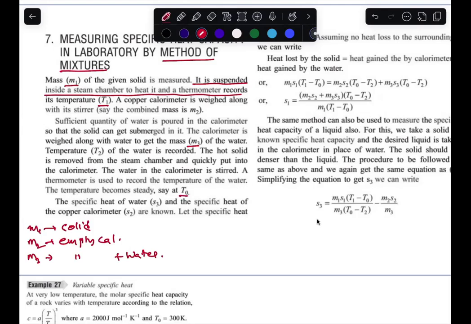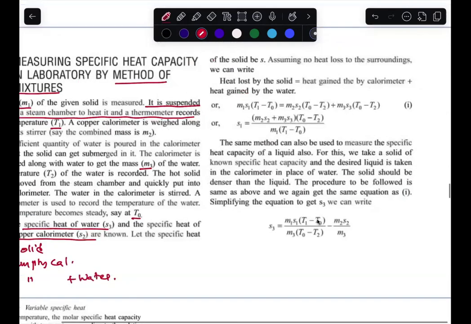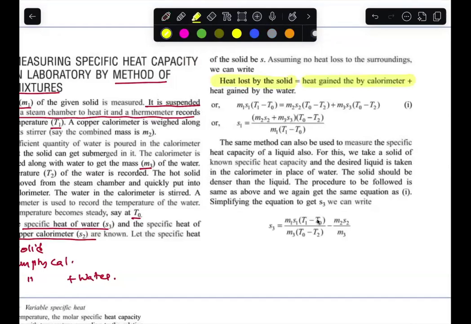Now, I am assuming specific heat of water to be S3, specific heat of copper calorimeter to be S2. That must be known to us, because you need to find only one unknown. You require a lot of knowns here. Basically, what is happening here? Heat is lost by the solid, and heat is gained by the calorimeter plus water.